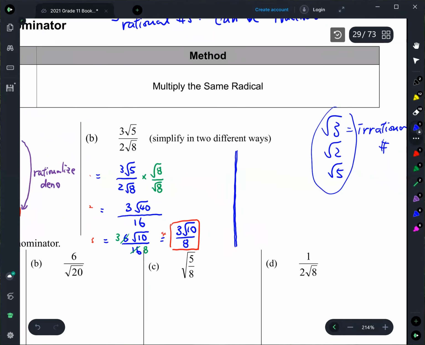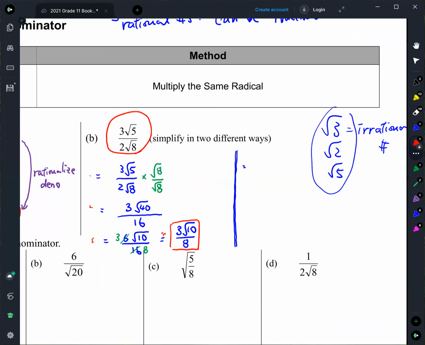So the other strategy is, instead of multiplying by the same radical, what I'm going to do is simplify first. Okay, so if you look at the original question, the square root 8, I can take a pair of 2 out.